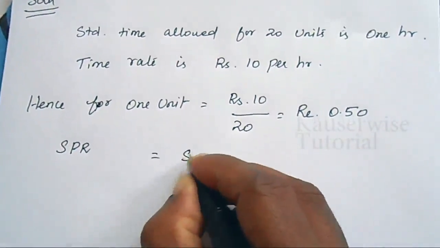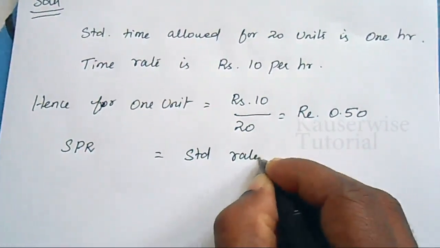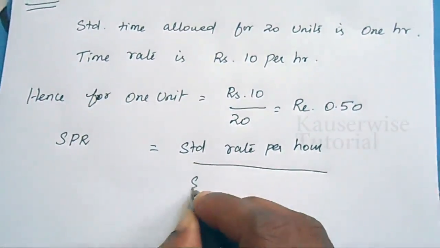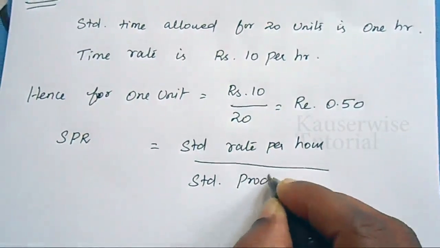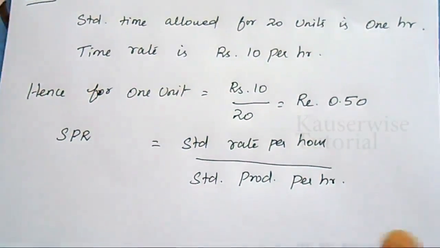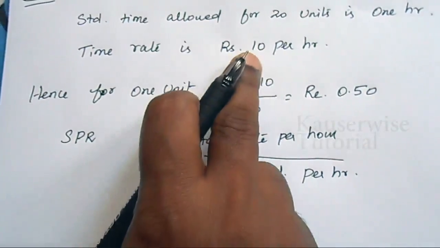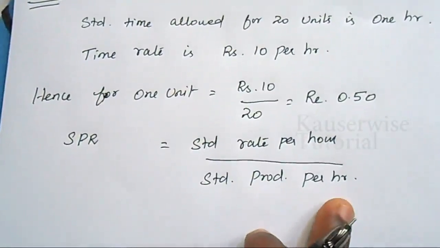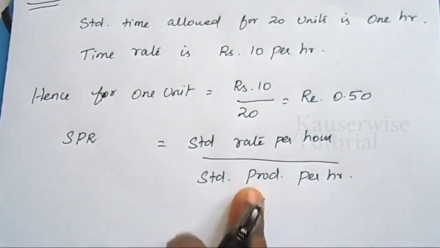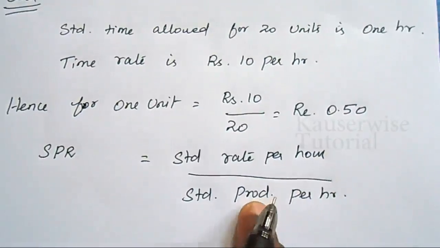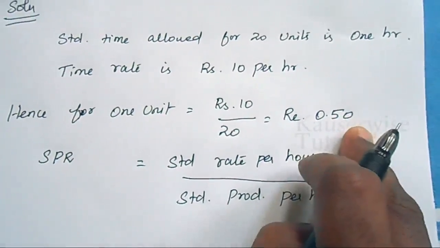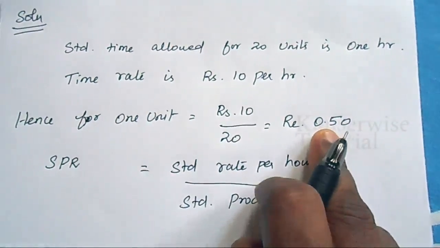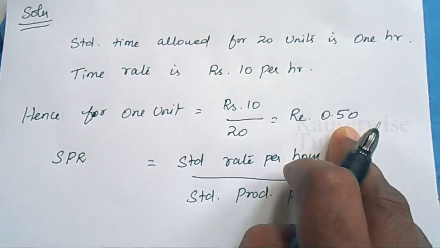The formula is standard rate per hour divided by standard production per hour. The standard rate per hour is 10 rupees, divided by standard production per hour. So every hour they need to produce how many units? 20 units. This is the formula to find the fixed piece rate, that is the straight piece rate. For each and every piece he produces, the employee will be entitled to get 50 paise.